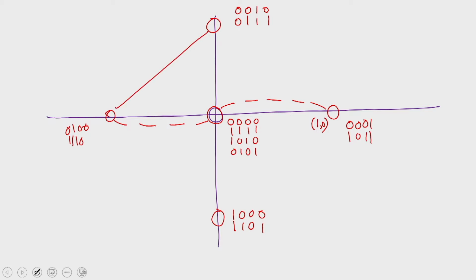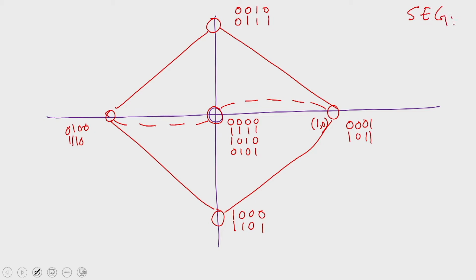There are shuffle edges between these nodes. A shuffle in this case corresponds to a pi by 2 radians rotation, which is a 90 degree rotation on the complex plane. Now, 0010 has an exchange edge to 0011.